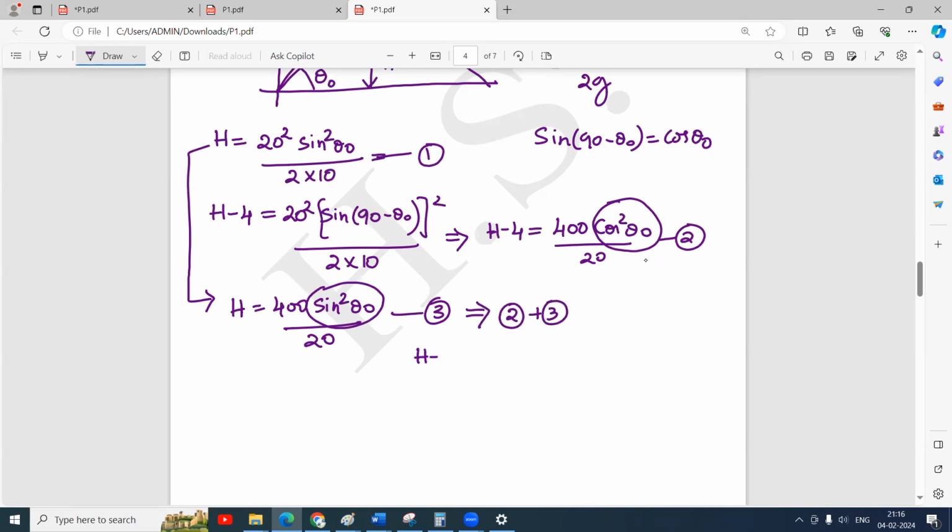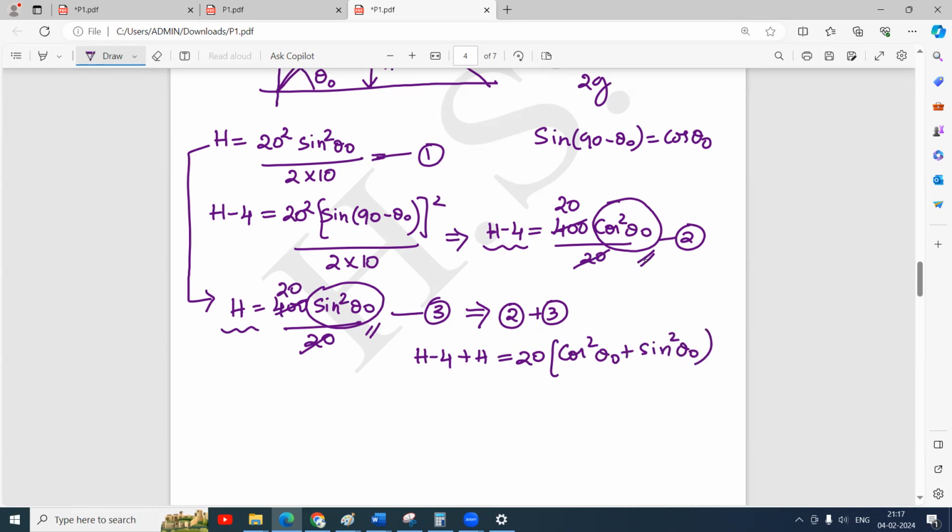So if I go for the solution like this, equation 2 plus equation 3, what will you get? Left hand side: h minus 4 plus h. In both the right hand sides, you have 400 by 20. So I'll write 20 common, into cos squared theta naught plus sine squared theta naught.